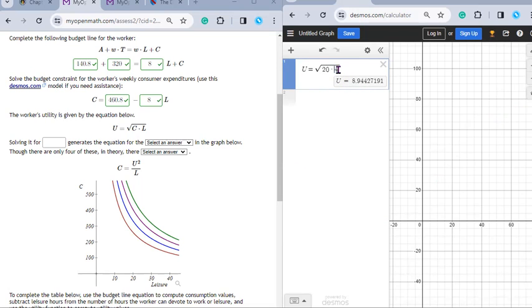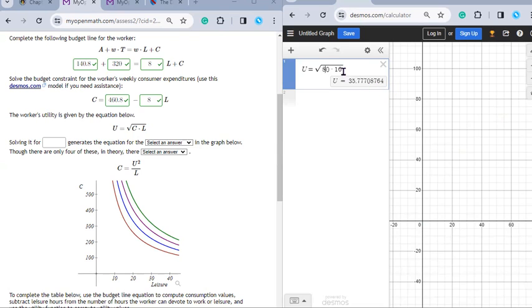So let's double our leisure, 8, and double our consumption, 40. Utility is generally increasing, right? We'll continue to double our leisure and double our consumption. So as we consume generally more of these two goods, leisure and consumer goods and services, we get increasingly happy. Okay, and that's the utility function, right?